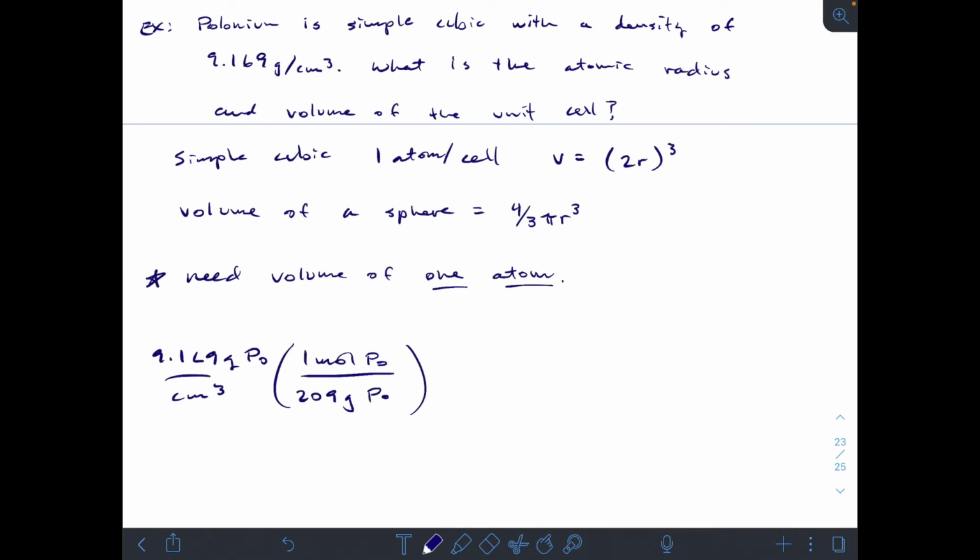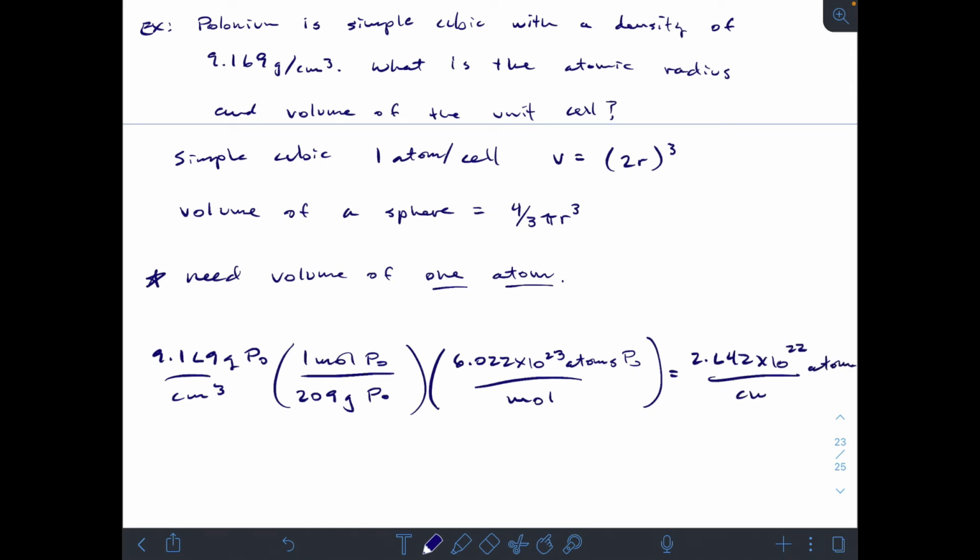Right, so now I have moles per cubic centimeter, and I'm going to use Avogadro to get to atoms per cubic centimeter. Right, so what I end up with is 2.642 times 10 to the 22 atoms per cubic centimeter.